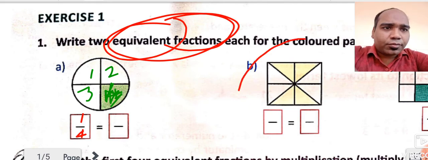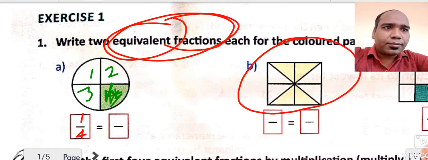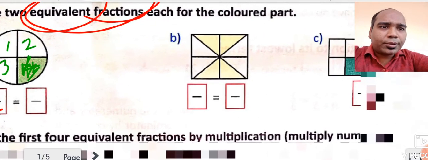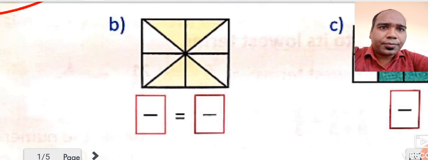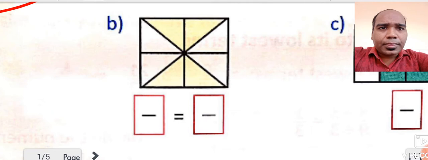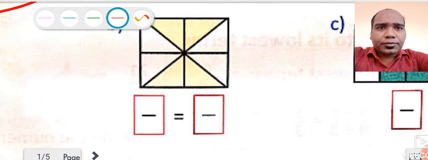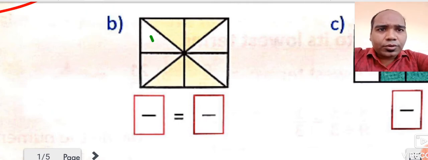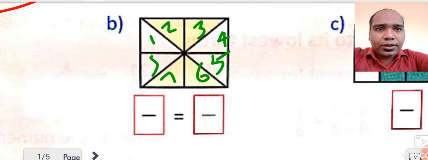Now you tell me this one, question number B. How can we write in fraction? Just look here. Total how many parts are there? You can see here 1, 2, 3, 4, 5, 6, 7 and 8.